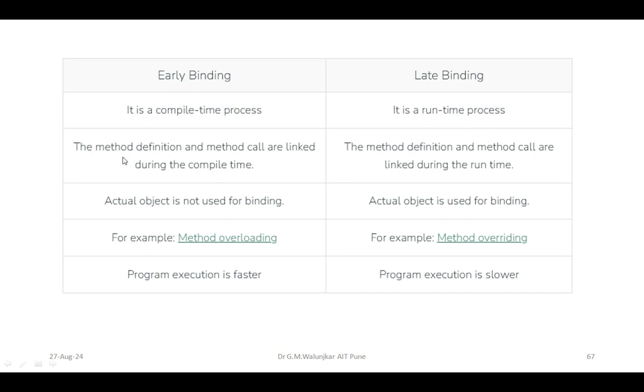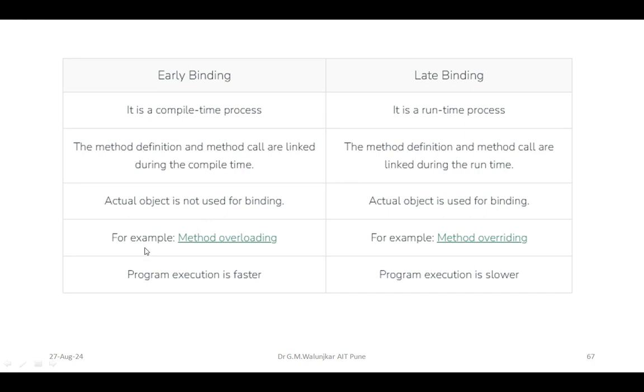In early binding, the method definition and method call are linked during compile time, whereas in late binding, they are linked during runtime only. In early binding, the actual object is not used for binding, whereas in late binding, your actual object is used for the binding. That means the derived class reference you are passing to the parent class object, right?